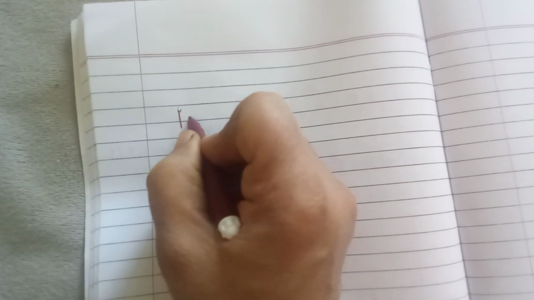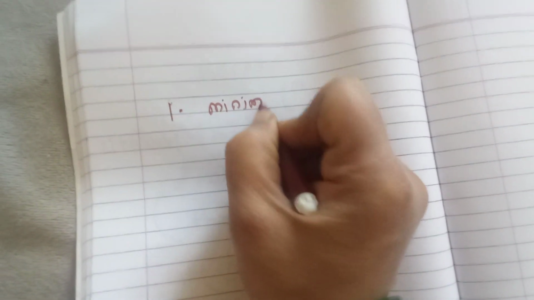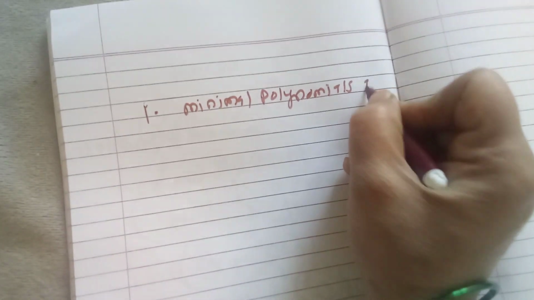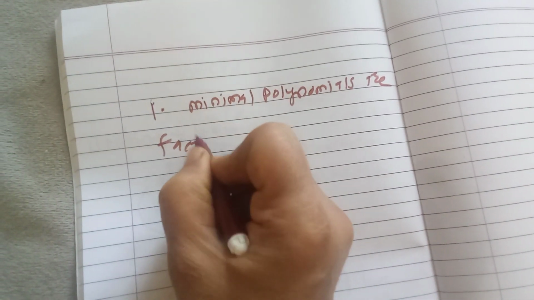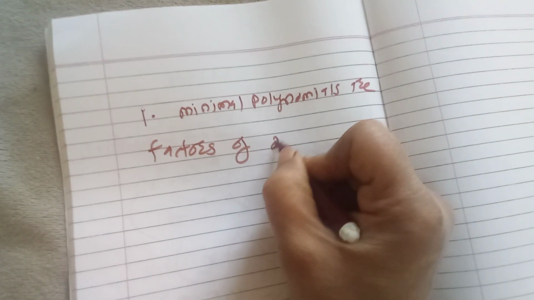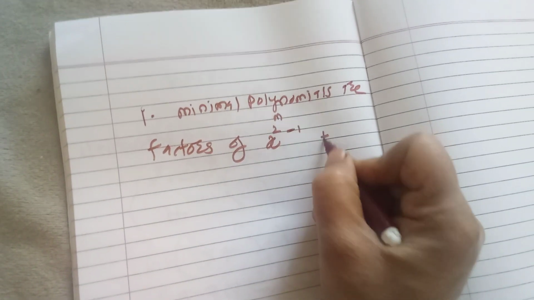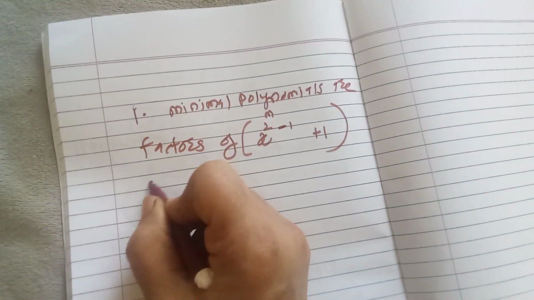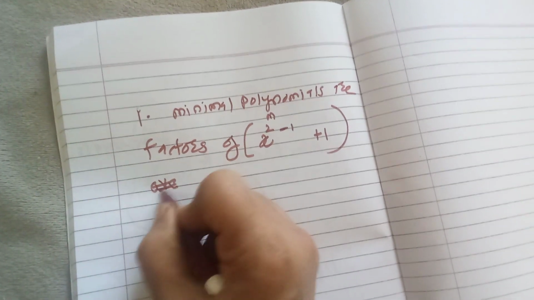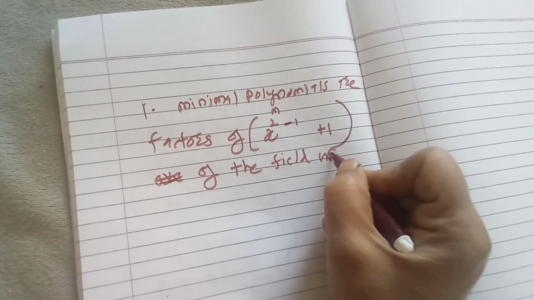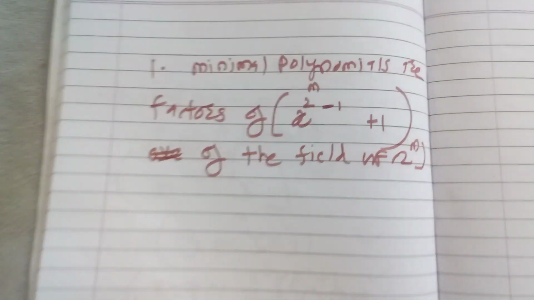So first point: minimal polynomials are factors of x raised to 2 raised to m minus 1 plus 1 over the field GF 2 raised to m. Okay, so this is one point.